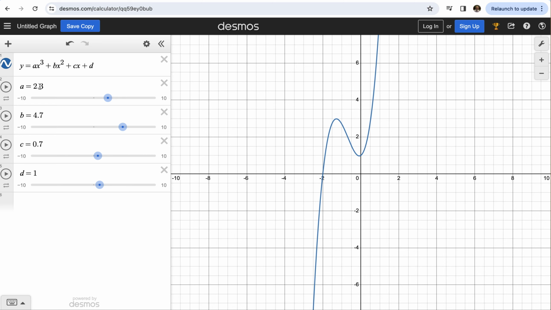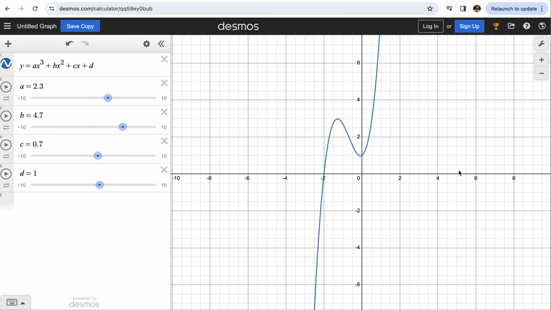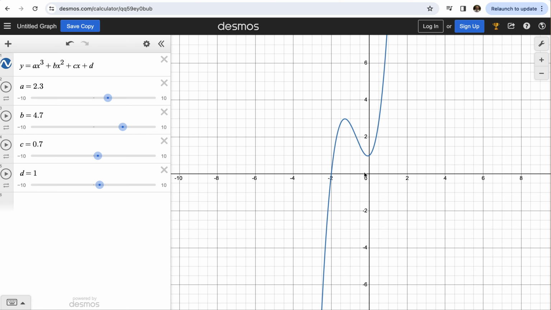The cubic controls there. So the further you move in the x direction, the shape is going to be determined by the highest power term, and we call that the degree. So this happens to be a degree 3, and it will be a cubic looking graph.